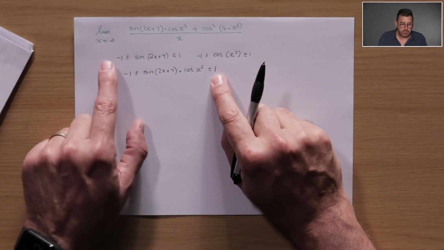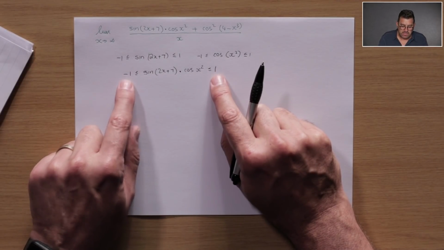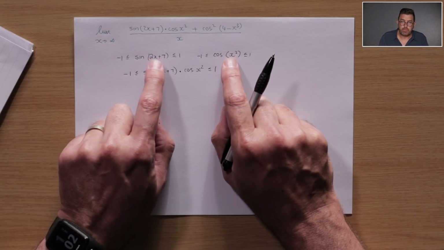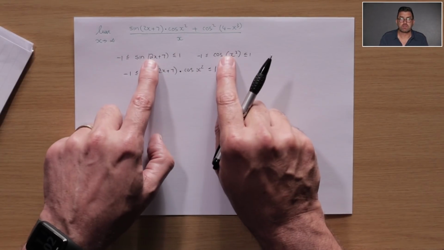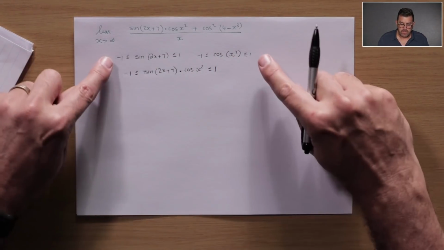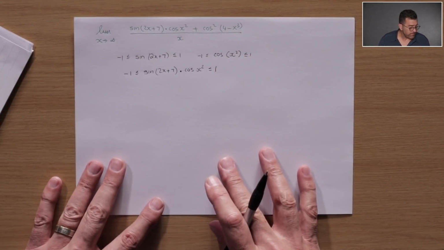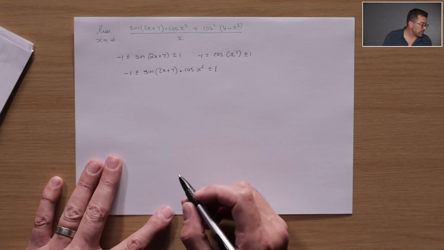Remember, you're not going to say -1 times -1 is a +1. You're looking at the sign of these things and what they will be based on what we know about them if we multiply the two together. These two limits will still remain the same. Okay, now that's very important for you to know.